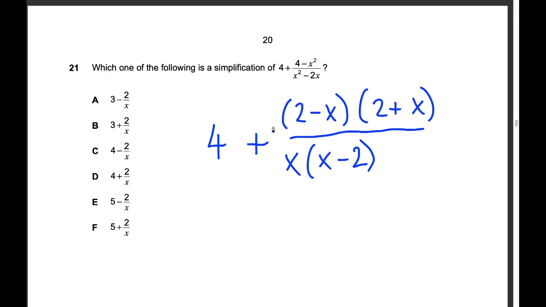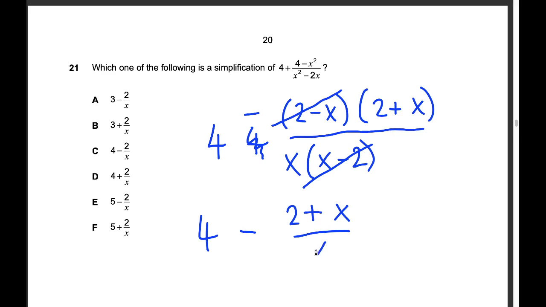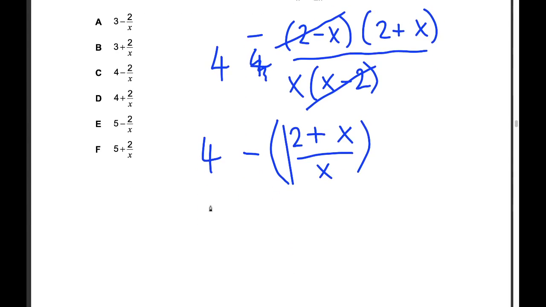So if I cancel this out with this, I just have to change this plus sign to a negative sign, and then I have 4 minus (2 plus x over x). Sorry, that should be a bracket. Okay, so this is going to end up being 3 minus 2 over x. So that is option A.